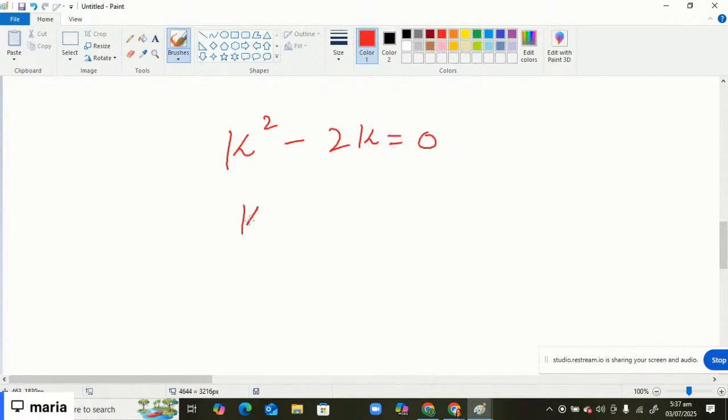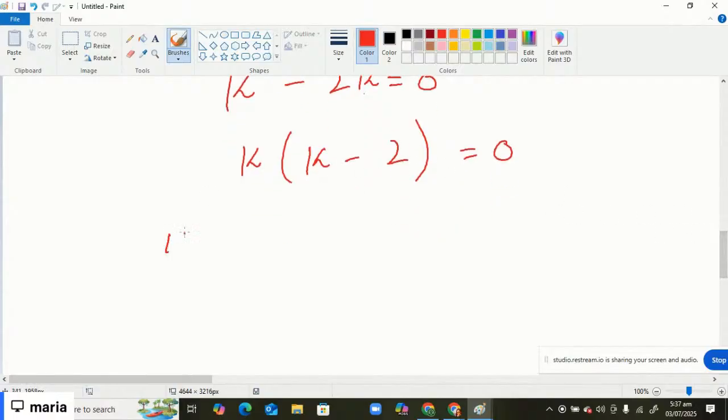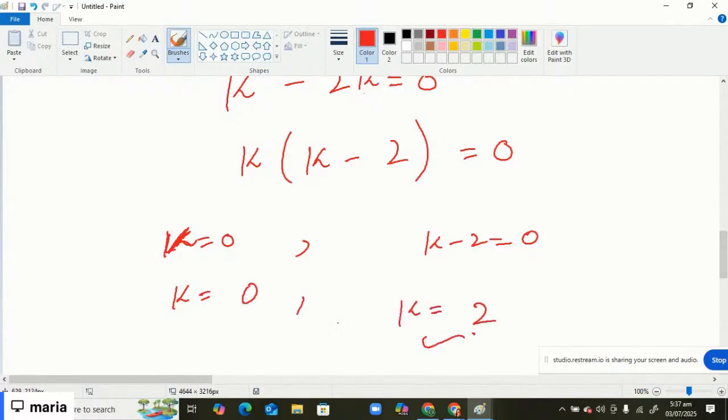So k is common, k is left here, k is common, only 2 is left here, equal to 0. It becomes brackets, so separately k is equal to 0 and k minus 2 is equal to 0. So k is equal to 0 and k is equal to plus 2. 0 and 2 are the answers.